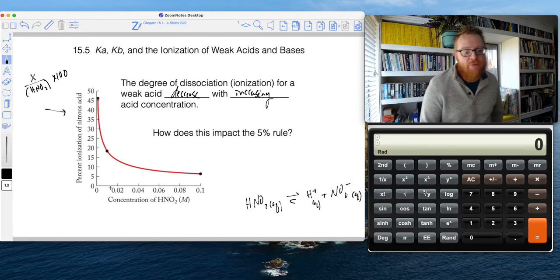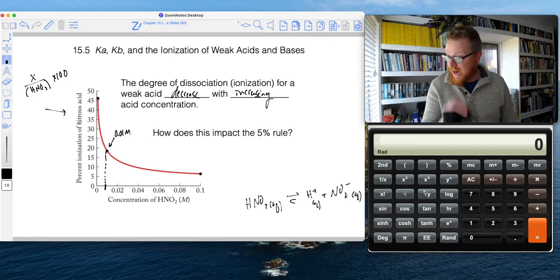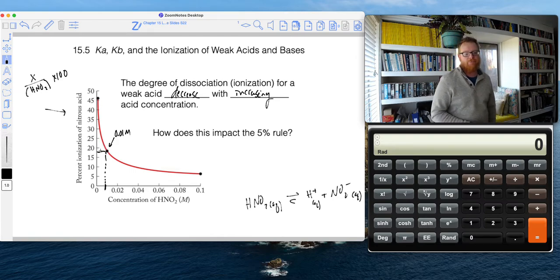If we had something like 0.01 molar, which I think is a good guesstimate based on this graph, you can see the percent ionization for nitrous acid, sorry, at 0.01 molar, its dissociation is something like 17%.